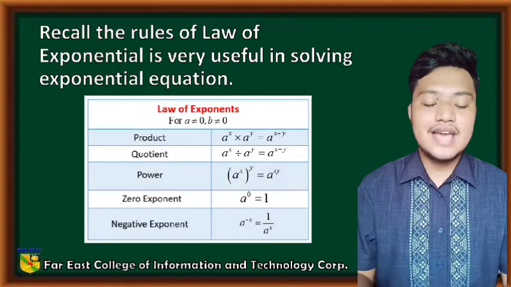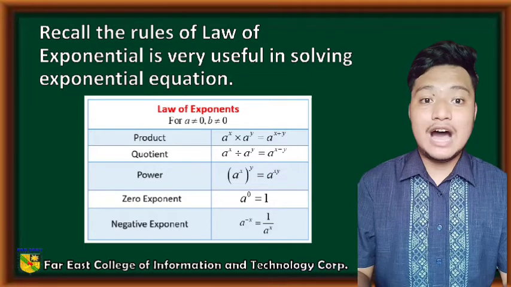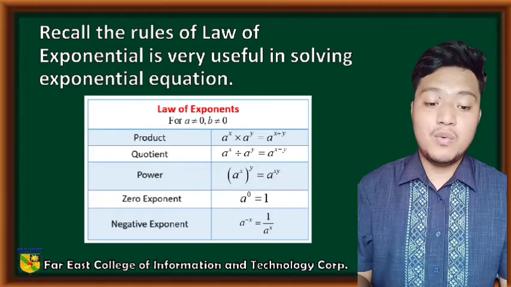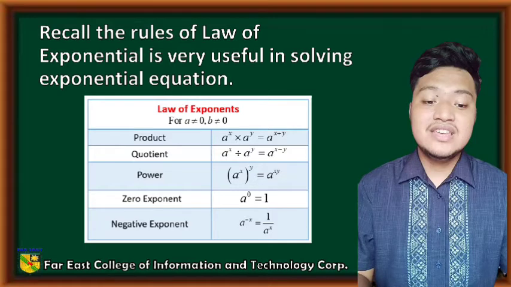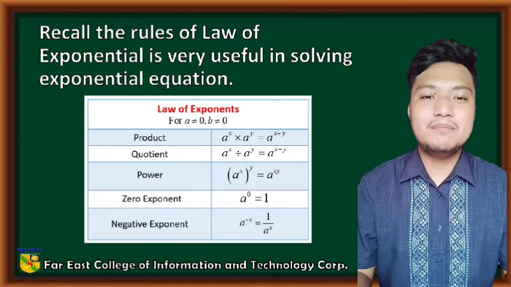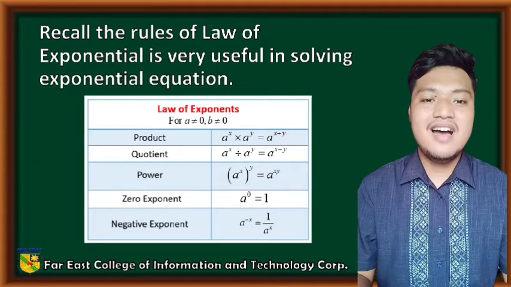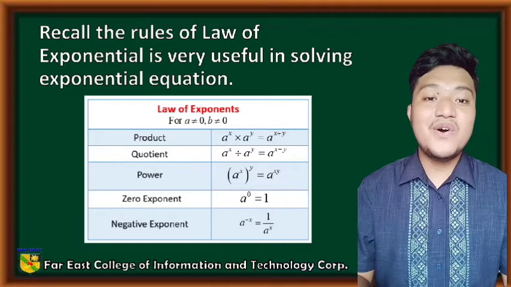Next is the power. So, yung may power tapos pinower pa. Okay? A to the x, to the y power. So, paano ba yun? Is equal to a to the x times y. So, dito naman sa power, multiply naman natin yung mga exponent. Next, zero exponent.